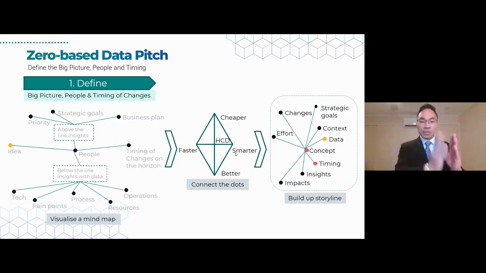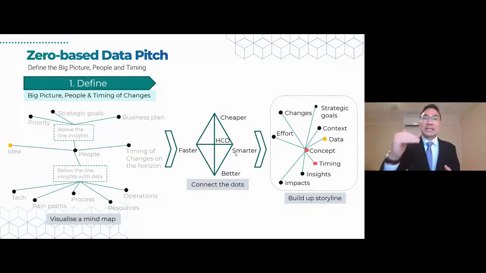If you look at an organization, there are going to be certain milestones along the way, whether you like it or not. In a year's time, 18 months, 24 months, certain things are going to happen, whether it is a regulation change, a product exiting the market, or the company reshuffling the CEO, for example.